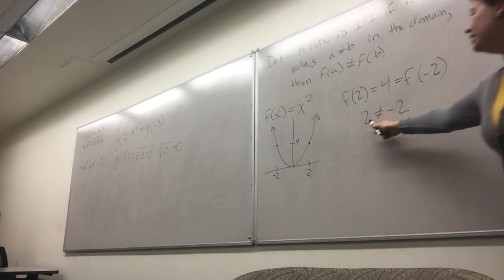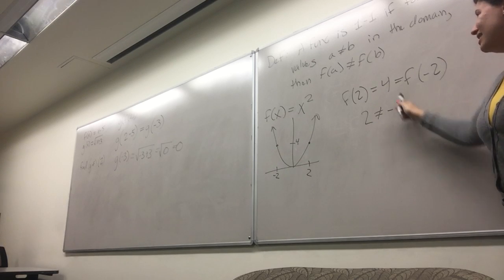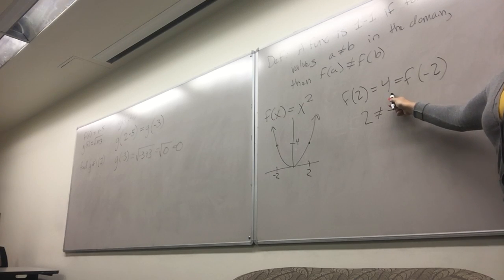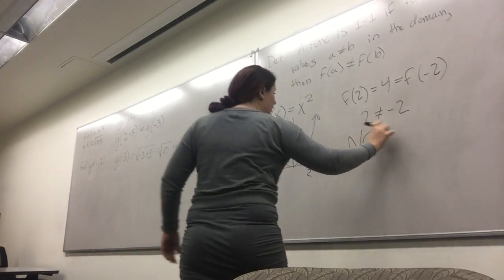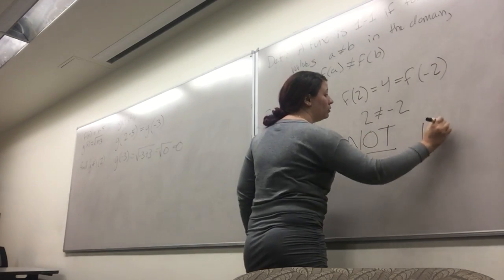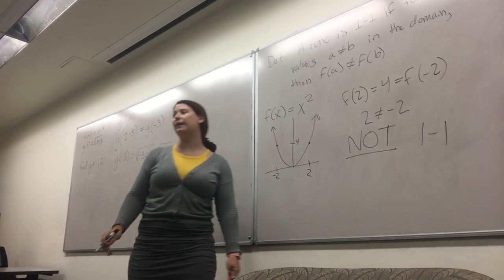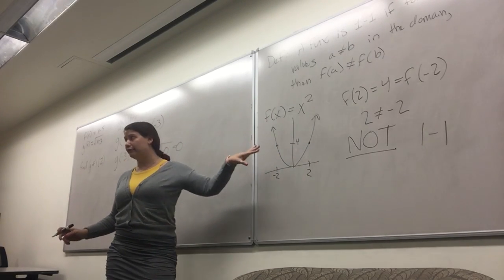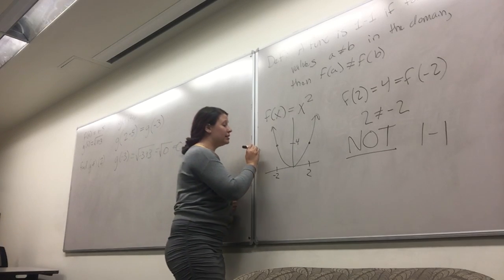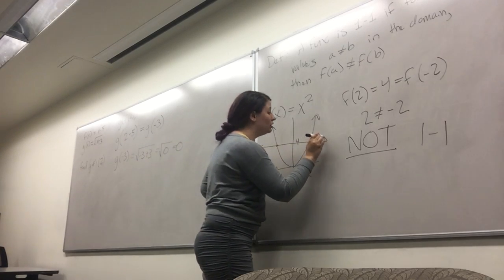So we have different x values that gave us the same y value. That means this function is not one-to-one.